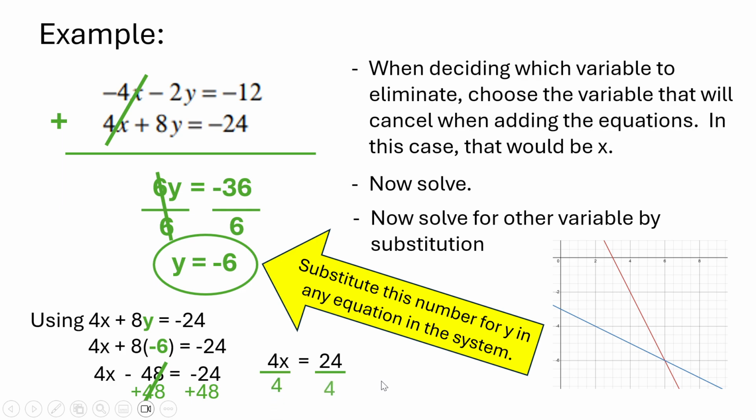And we get that x equals 24 divided by 4, which is 6. Okay, so we have the x value and we have the y value. So the point where these two lines intersect is the point 6, negative 6. And make sure that the x value goes first and then the y value goes second. Okay, it's alphabetical order, x and then y.